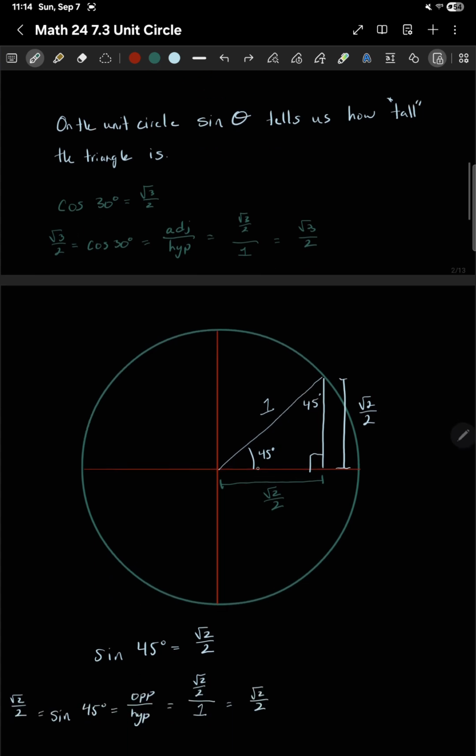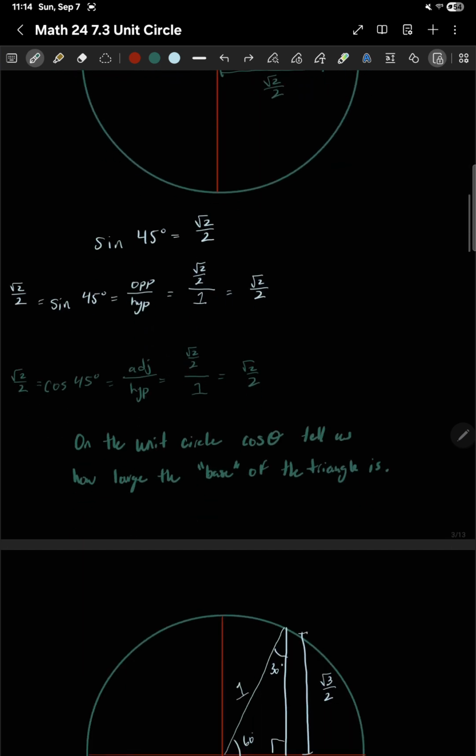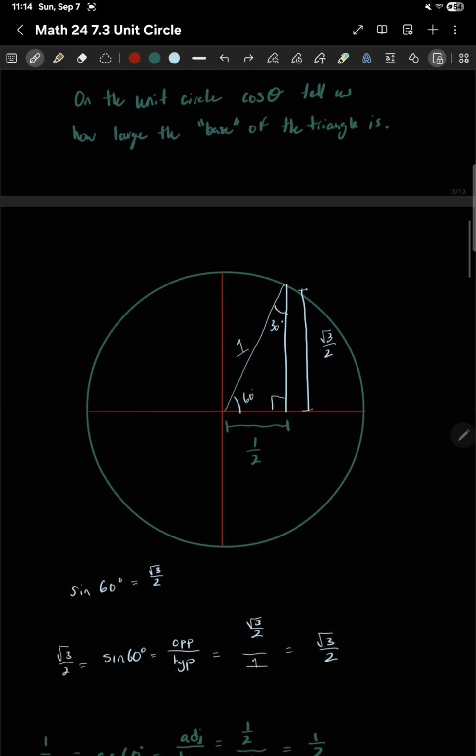Here, the 45, 45, 90 triangle, well, the base and the height must be the same, and that's also what these values tell us. And here, the 60 degrees on the bottom, so the side opposing it must be larger, which now the height is larger and the base is shorter.